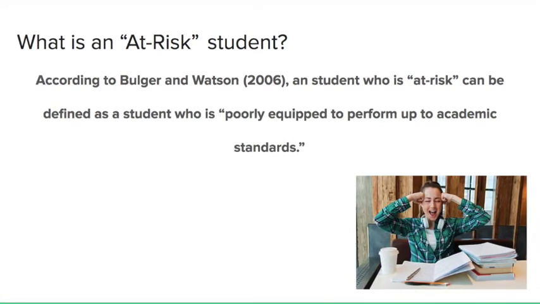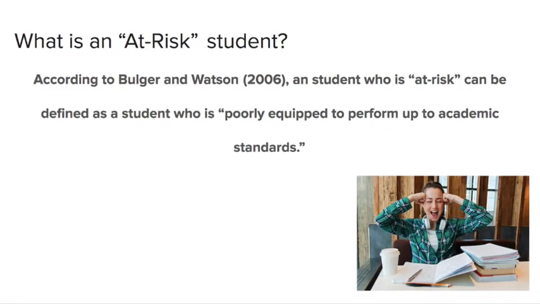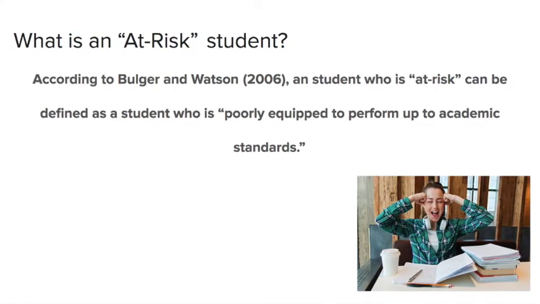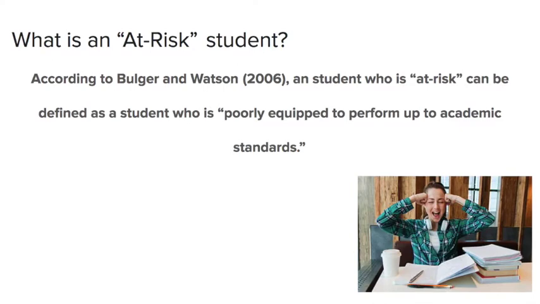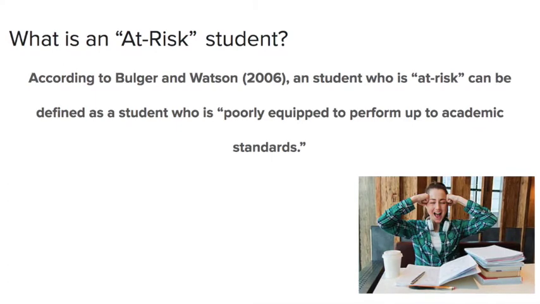Something I found interesting while reading their article was that students who are at risk may also shift. You may have a student in the beginning of the year or even halfway through who's super struggling with decoding or maybe a math concept.